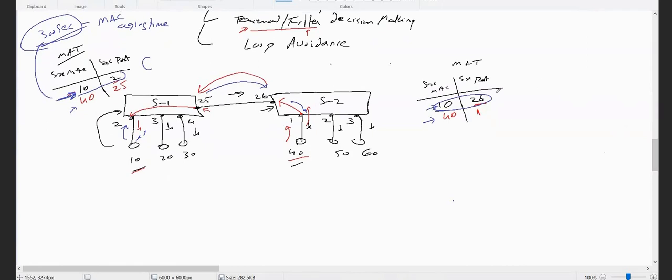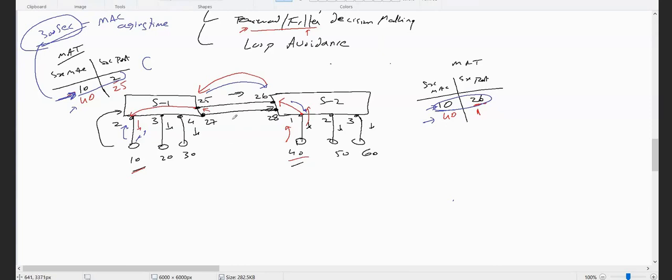Okay, so with that said, without thinking too much, what happens if this link goes down? Nothing. Switch 1 and switch 2 systems can't talk to each other. That's all, which is a problem for me, and therefore we decided to connect these two with another cable, maybe 27, 28.